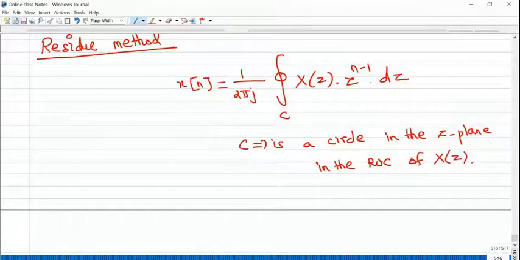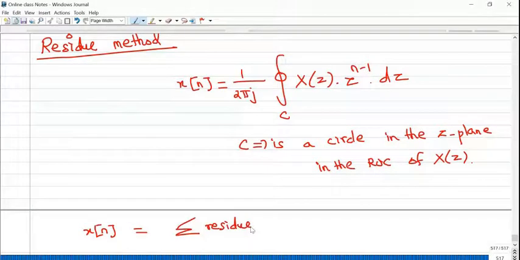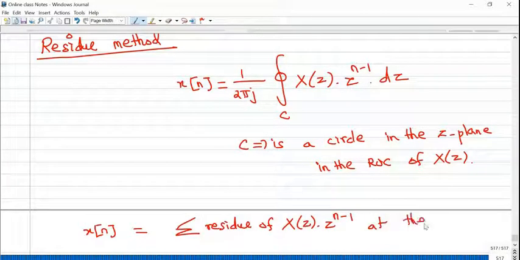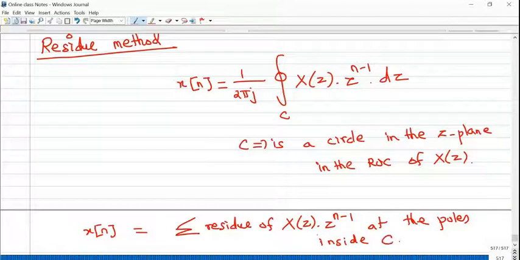So the residue theorem says your x of n can be obtained from the summation of residue of X of z into z power n minus 1 at the poles inside the circle. At the poles inside the circle.